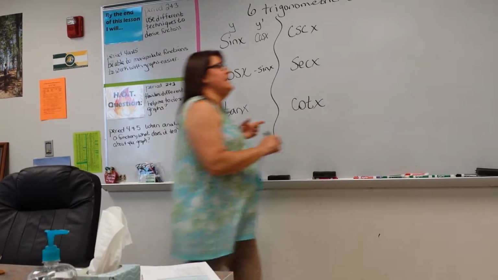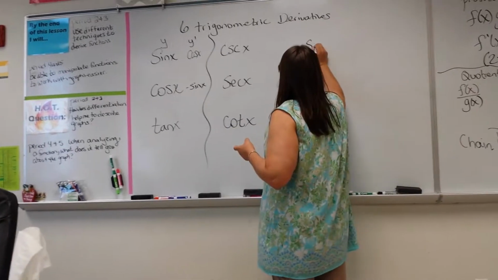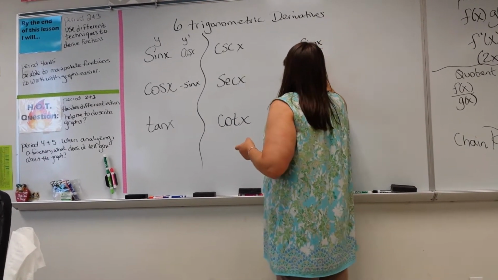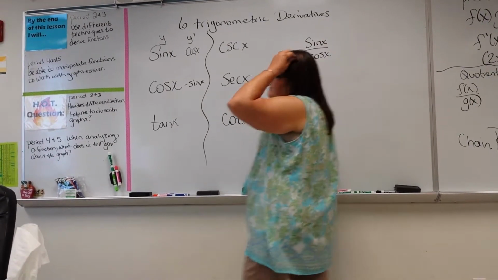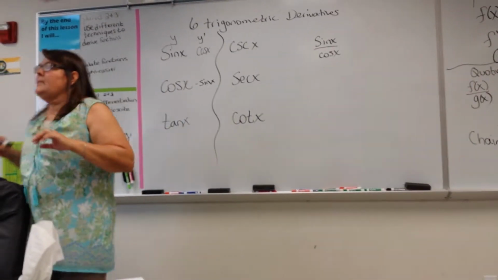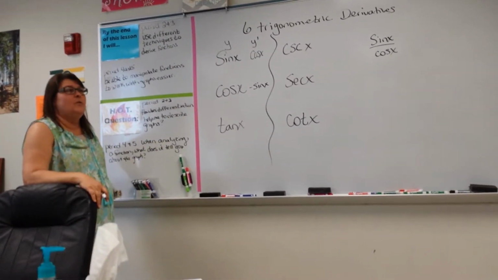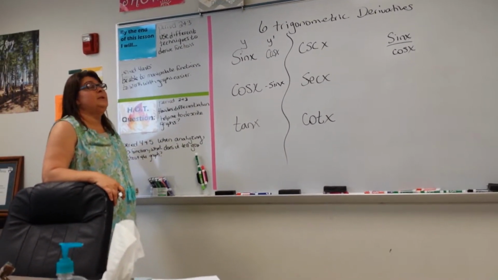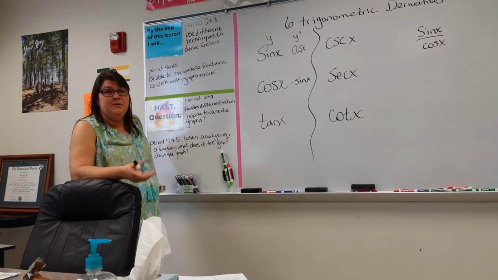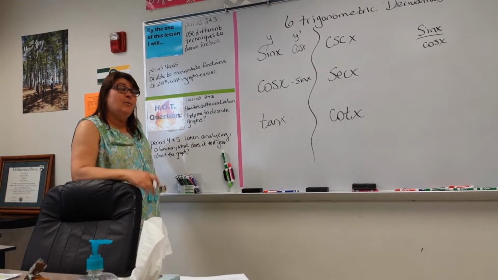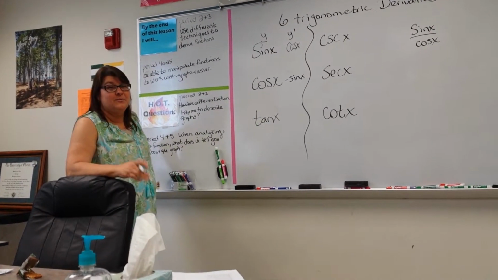So rather than tangent, I'm going to call it sine over cosine. And I want to derive it. If I'm looking at this thing, I see that it's a fraction. So which derivative rule will I use? Quotient. Once again, why do we need to know the quotient rule, right?